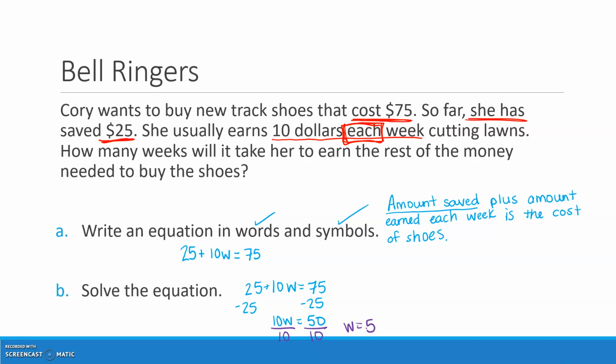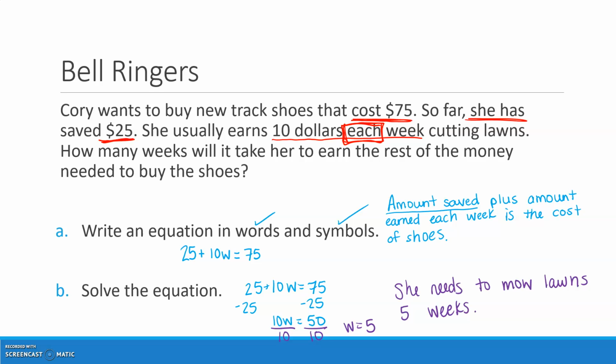So we need to write a sentence, and we'd say, she needs to work 5 weeks. Or mow lawns. How about that? Mow lawns or cut lawns 5 weeks. And there we have it.